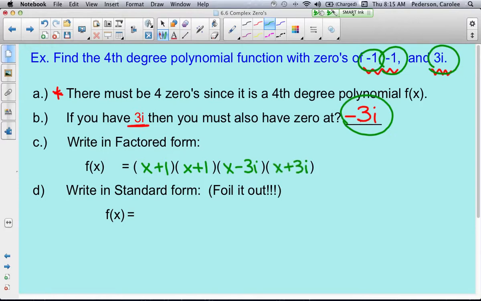Here it is in factored form. Now let's go ahead and convert it to standard form. So we're going to FOIL it out. I recommend that you FOIL out the first 2 parentheses because they're kind of alike, and the last 2 parentheses, then they're alike, and then combine those 2 together.